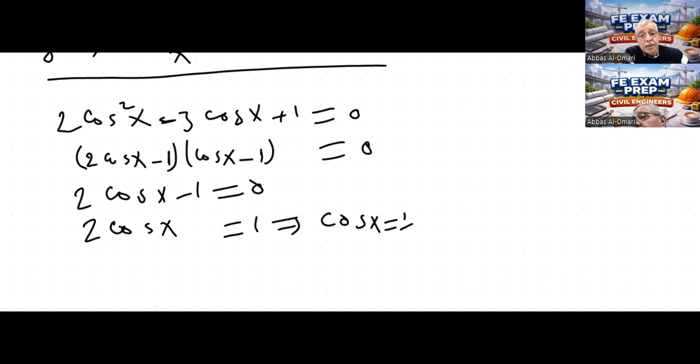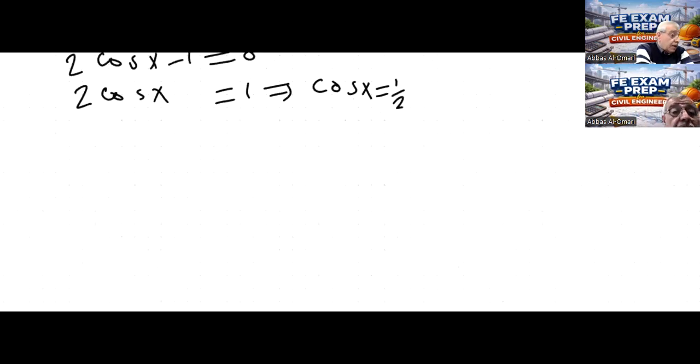So for the first one, we got cosine x equals half. Now, what's the angle, the cosine of which is half? There are two angles whose cosine is half. Now, we have to go back a little to the concept of the cosine.